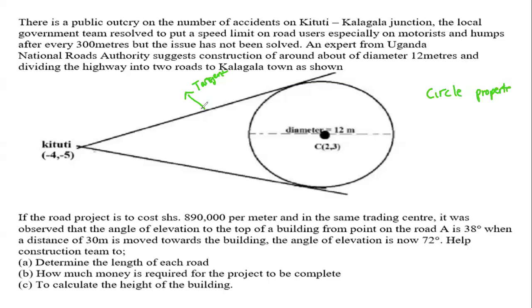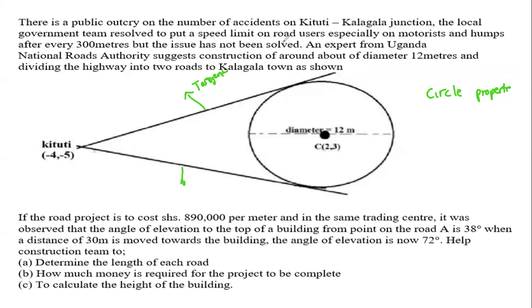So it has 2 tangents. Two, it combined the ideas of equations and finding the distance. Three, it combined trigonometry, the knowledge of elevations and depressions. That means you need to be very informed on what to do.